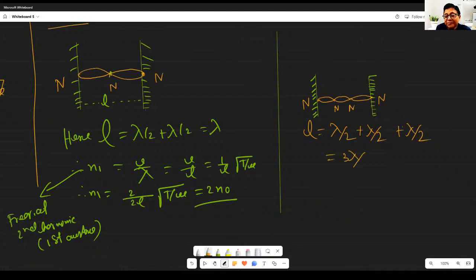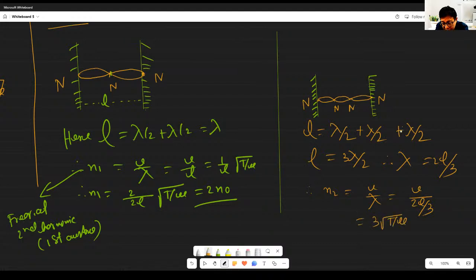So L is 3 lambda by 2. So N2 is V by lambda, same thing, 3 by 2L root T by mu. So this is 3N0.